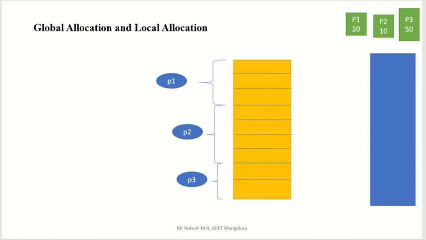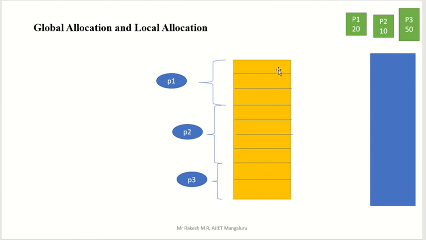So what is the concept of global, and what is the concept of local? Now consider P1 has 20 pages, but only 3 frames are there. You want to load all 20 pages, but the size of the frame and the size of the page are the same, so we can load only 3 pages at a time.